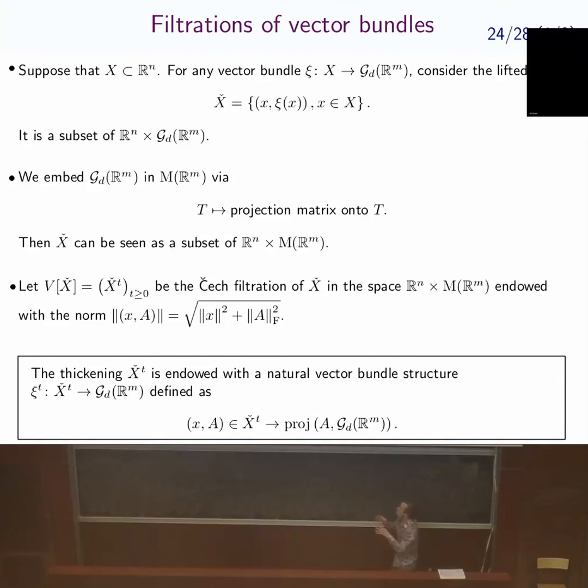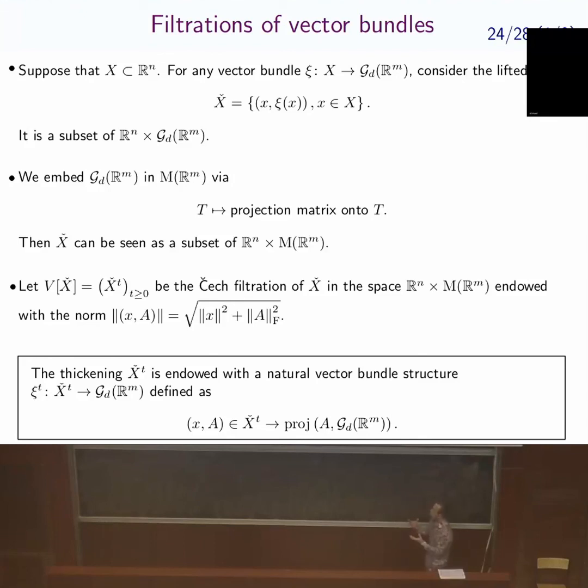We want to linearize that, so I embed the Grassmannian into the space of matrices via the natural embedding that maps any subspace to its projection matrix. And now I can see X check as a subset of R^n times the matrix space.